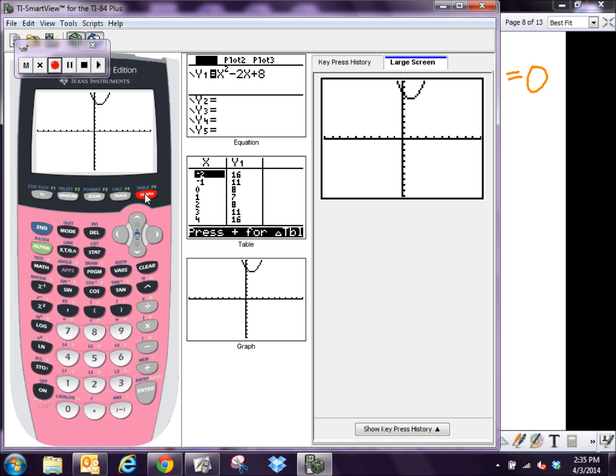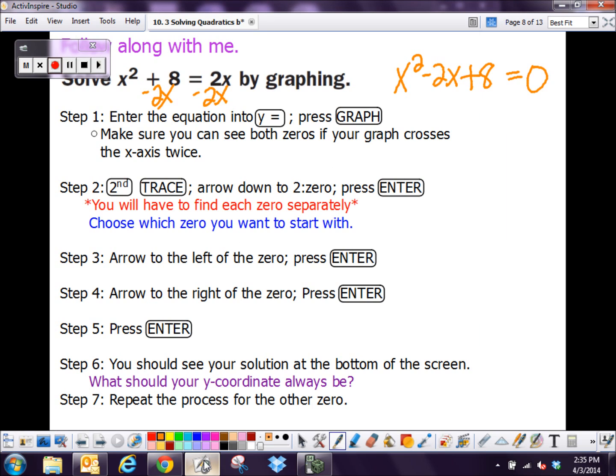So this one's kind of an exception here. Okay, we actually end up having no solutions to this problem. Okay, it never crosses the x-axis, therefore it doesn't have a solution. Okay, let's do another one.